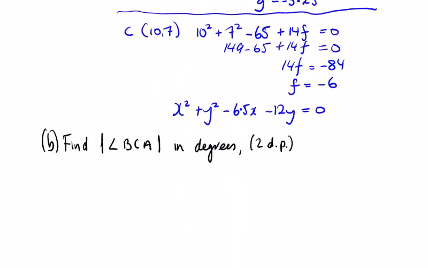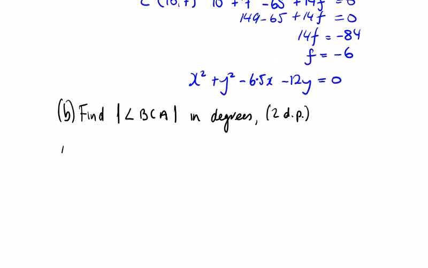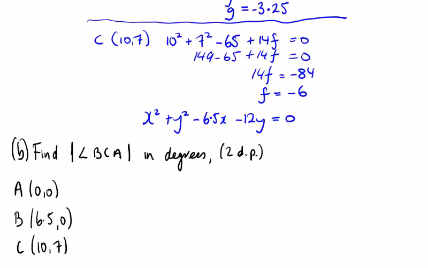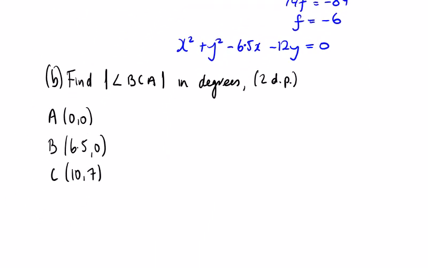So let me just write my 3 points down again. A is 0, 0. B is 6.5, 0. C is 10.7. So which lines do I need the slopes of? Just double check. AC and BC. So the slope of AC, change in y is 7 over the change in x, which is 10.